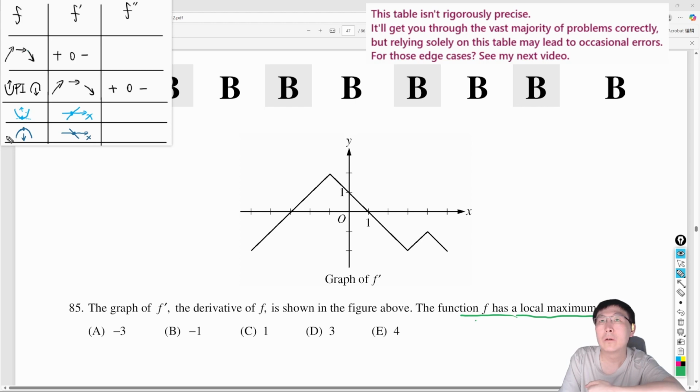The last row of our chart tells us that the local maximum, the relative maximum of f matches the sign changing point of f prime. So C it is.